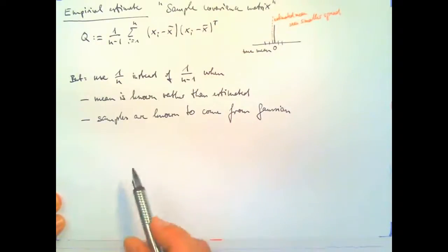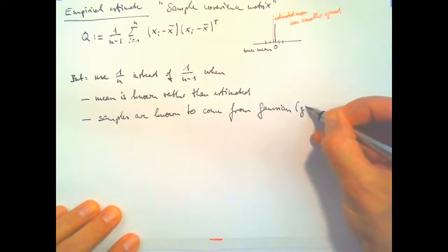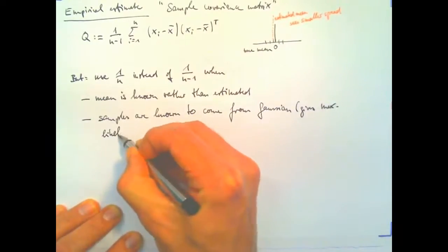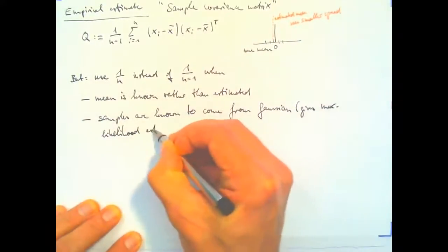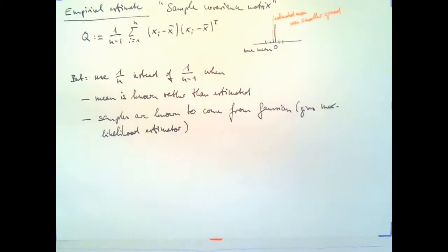Because using 1 over n for the Gaussian distribution gives you the maximum likelihood estimator of the covariance matrix. Now, obviously, all these considerations only matter if n is very small. And if n is very small, you anyway should be suspicious of your results. Once n is sufficiently large, that will not make a big difference.